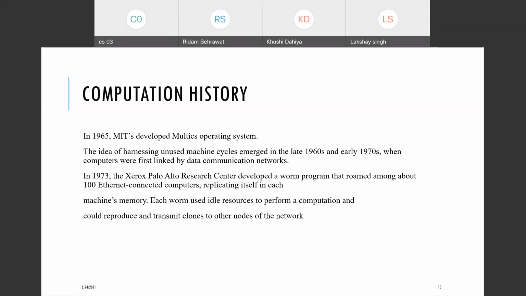Yes, ma'am. So a worm is a program. It moves from one system to another and creates its copy. Then it uses the system resources and transmits its clone to the next machine.